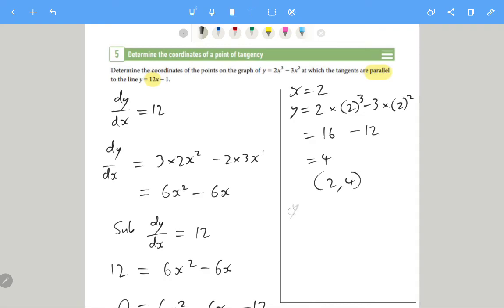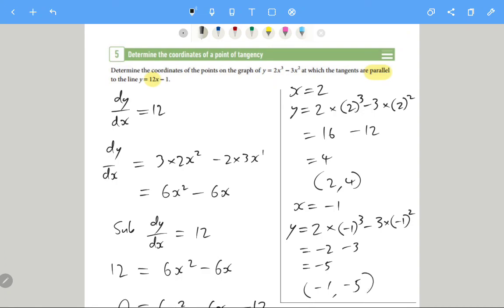Second point is when x equals negative 1. y is equal to 2 times negative 1 to the power of 3 minus 3 times negative 1 squared. Negative 1 to the power of 3 is negative 1, so we get negative 2 minus 3 times negative 1 squared. Negative 1 squared is 1, so negative 3 times 1 is just negative 3, and we get negative 5. So the 2 points are negative 1, negative 5, and 2, 4. And those are the two coordinates.